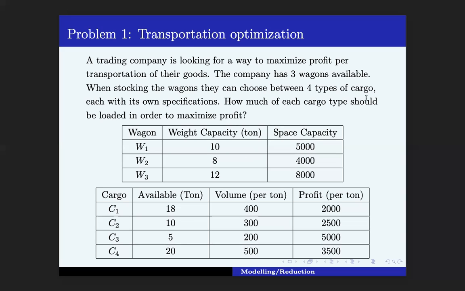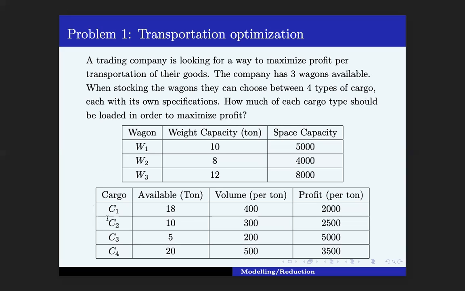Okay. So you have three wagons, and each of them has some upper bound on the capacity in terms of weight, as well as the capacity in terms of volume that they can handle. And they have a certain set of cargoes, and the job is that he can send these cargoes in various parts.